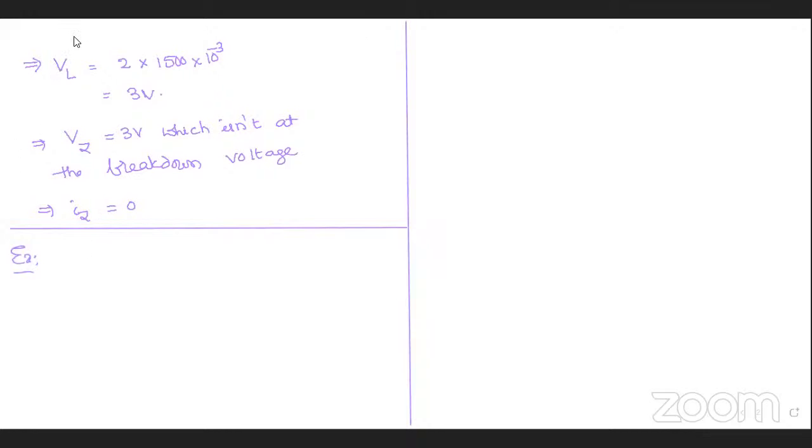All right, take this one. You only try to say the answer. This is a 15 volts battery here, and here one series resistor, and here a Zener diode and a resistor.